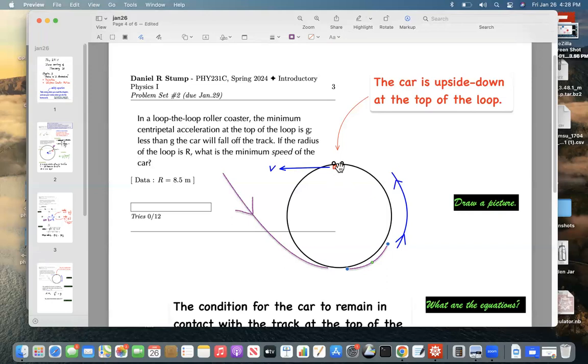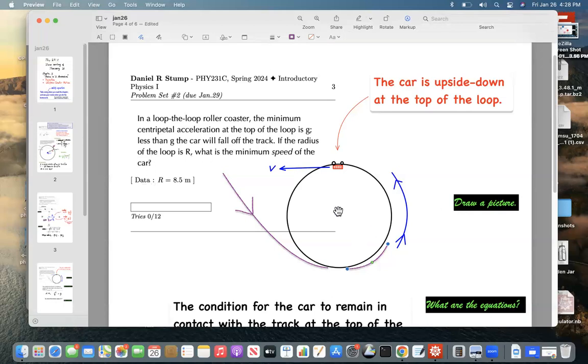Then, in addition to the gravitational force pulling it down, the force of the track must also be pushing it down. That means it's in contact with the track. That's what you want. So its acceleration downward will in fact be greater than the acceleration due to its weight only, because it's pushed down by the track. It's in contact with the track.